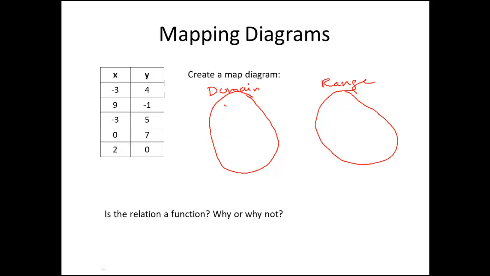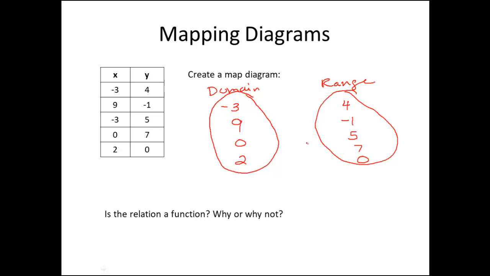So in my domain, we have -3, 9, negative 3, I just wrote that down, I'm not going to write that down again, 0 and 2. And I could reorder these if I want. I don't think it's really necessary at the moment though. Now I'm going to do the range. 4, negative 1, 5, 7, 0. Okay, I didn't have any repeats there.